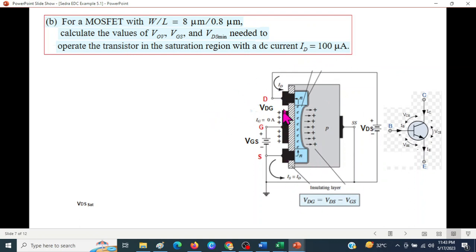So first of all, this is the circuit that we are talking about, and just for comparison I have done it here again. So this is the base and the emitter. This voltage VBE is now VGS here. CB is VDG, and this is VCE is VDS.